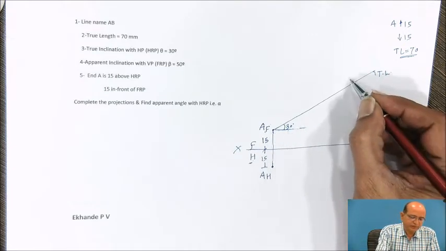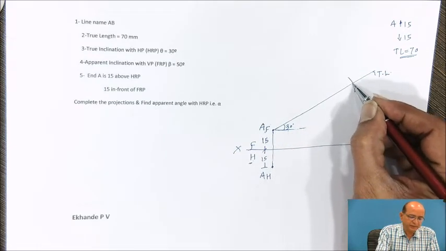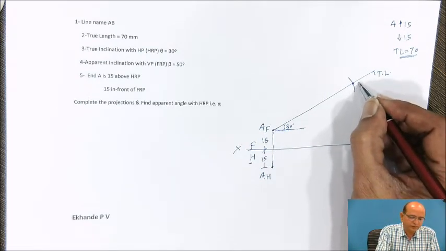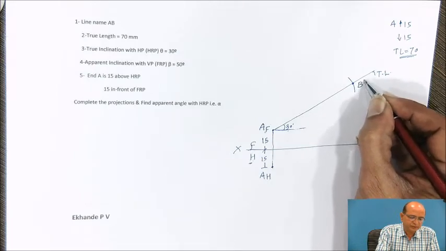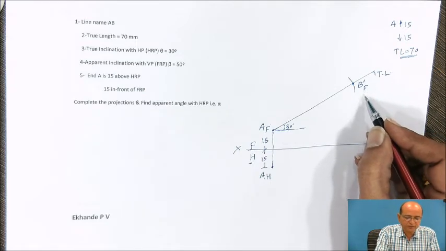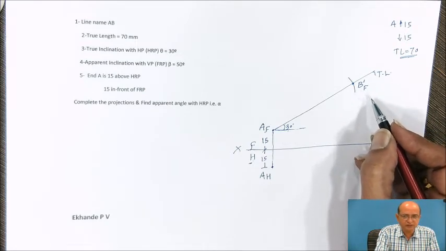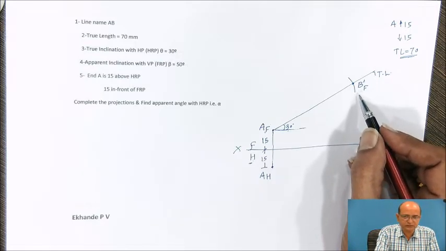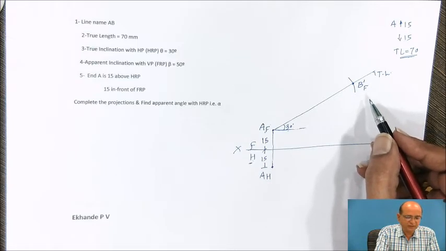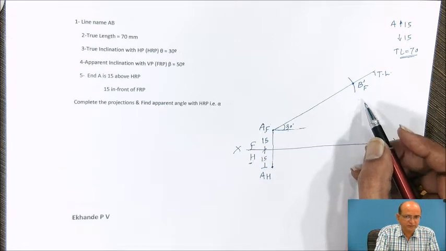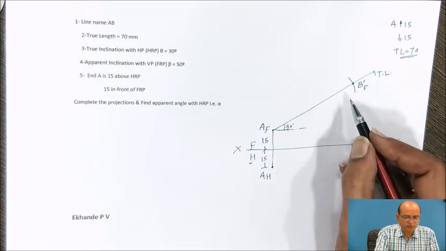We will have the cutting of an arc on this line to obtain the other end as B dash F. This is B dash F because it is on the true length line. It is on the shifted position. It is not the actual position, not the projection point. And as you know, the line we are considering here is an oblique line. It is not a horizontal or frontal line, so it is not showing true length in the projection.